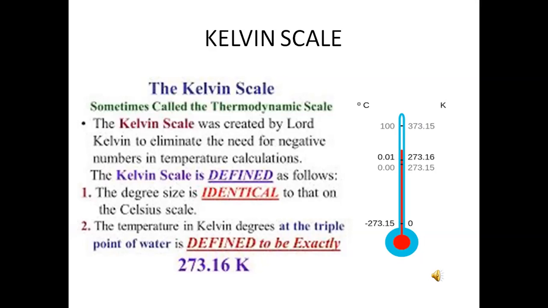The temperature in Kelvin degrees at the triple point of water is defined to be exactly 273.16 Kelvin. So Kelvin scale is termed after Lord Kelvin, that is the SI unit of measuring temperature, and written as capital K, also known as absolute scale, as it starts from absolute zero temperature.